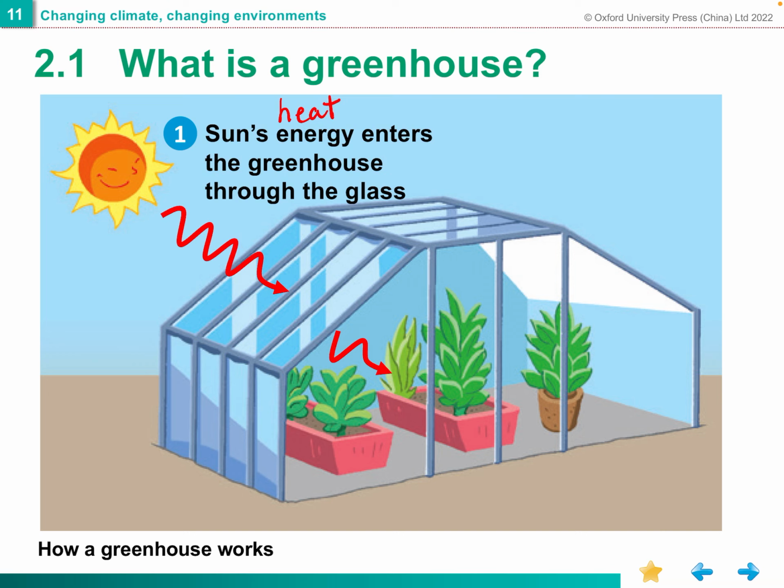Once it enters the greenhouse through the glass, which is transparent, the heat energy can go inside, so now we have more heat energy inside the house. As a result, the air inside is warmed, and the plants can grow very well because they have the heat energy inside.